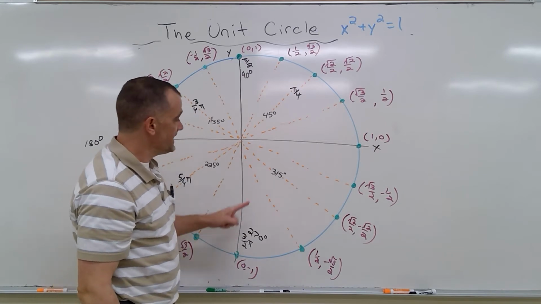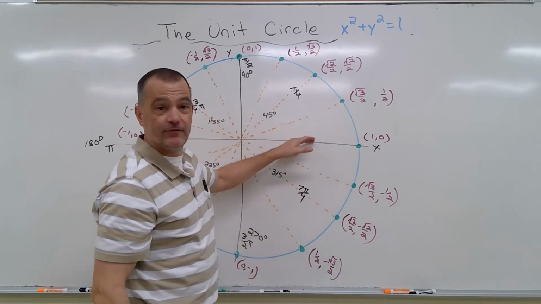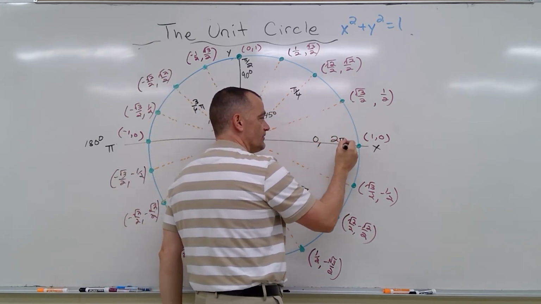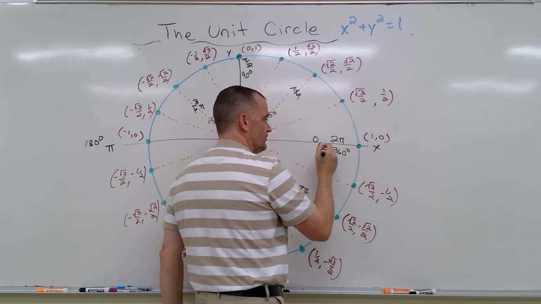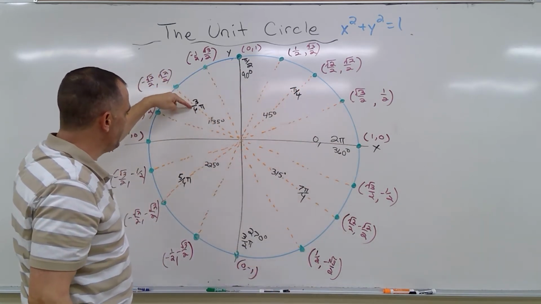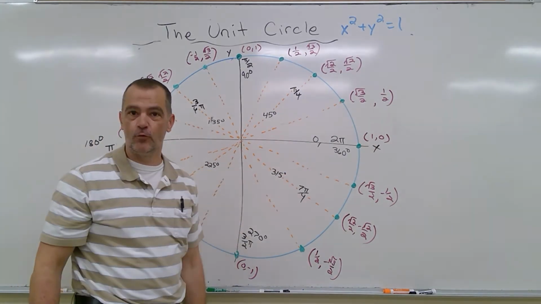Then 7/4, 8/4. 8/4 is 2 pi, which was originally 0, but it could be 360 degrees. So 1/4 pi, 2/4, 3/4, 4/4, 5/4, 6/4, 7/4, 8/4.